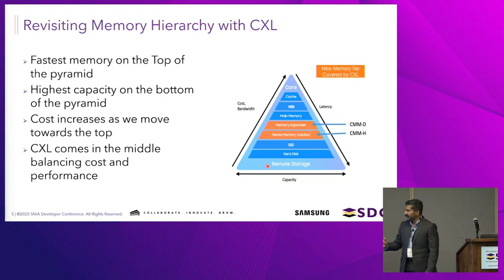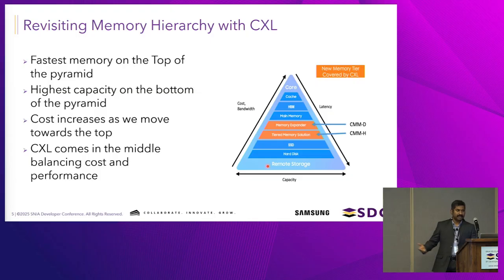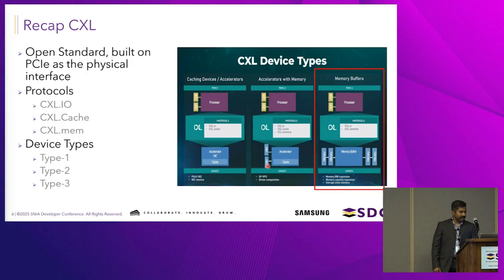CMM-D is already in the market, and CMM-H is probably in the POC stage. But in our experiment, we have used CMM-H because it's the hybrid one. It has DRAM inside, and it is backed by NAND flash also, so it gives you higher capacity. That's the device which we have used. I'll come to that in a bit.